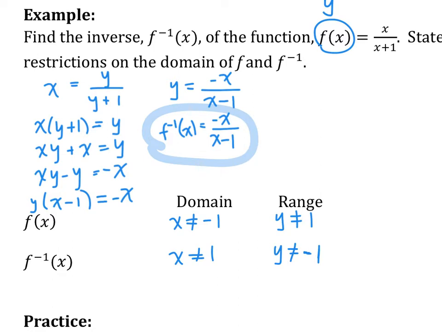So you can see that the domain of the original becomes the range of the inverse. And this is always true. So what you want to do is almost just remember that, once you find the domain of the original, you can just pretty much assume the range of the inverse will be the exact same. So please just keep that in mind.